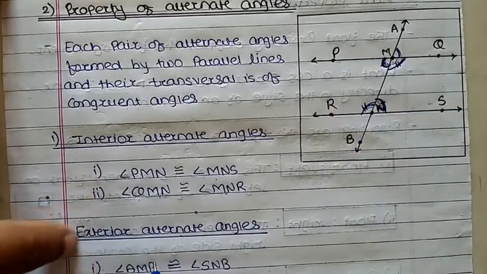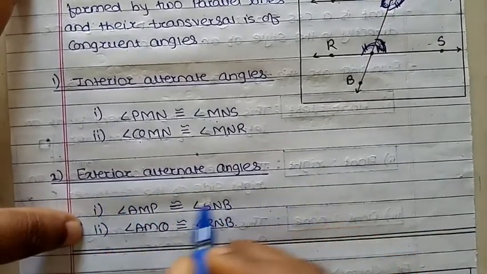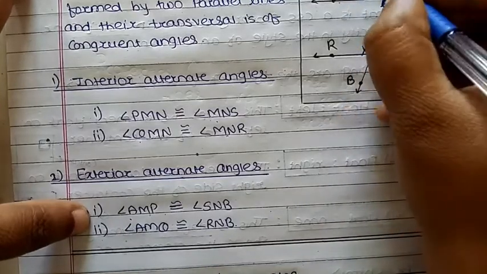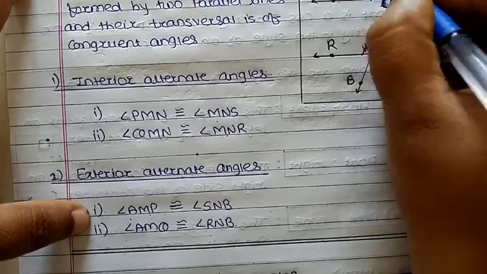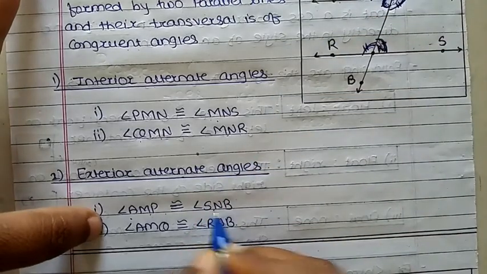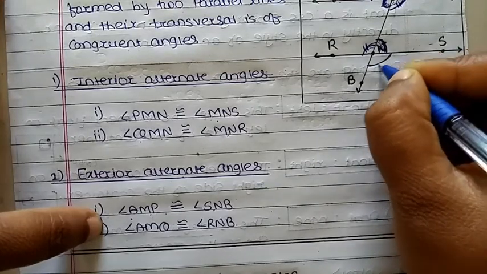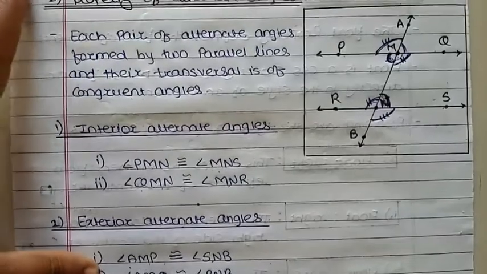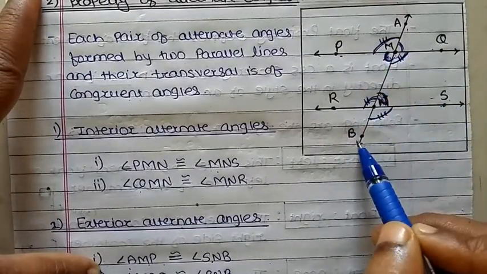Clear? Next, exterior alternate angles. Angle AMP, this one, is equal to angle SNB, this one. Angle AMP is equal to angle SNB.